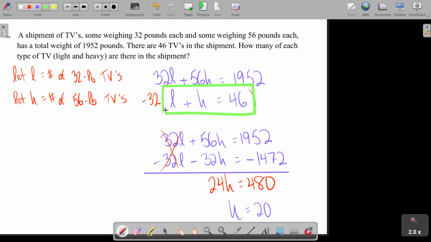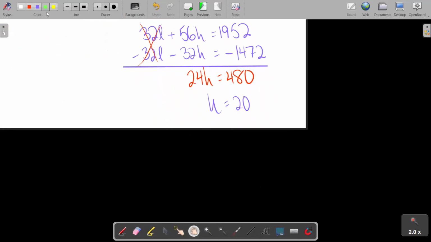But if you just see with clarity, there's 46 darn TVs on the truck, right? 20 of them are the heavy ones. How many of them have to be the light ones? 26. That's not the kind of thing I would expect you to have to show work on. So the number of light TVs is 26. And there's our 46 total TVs.